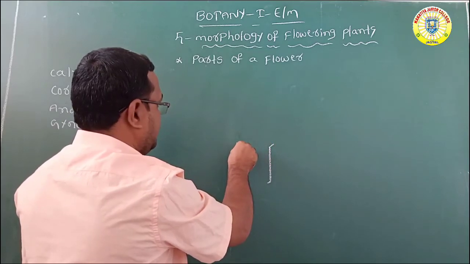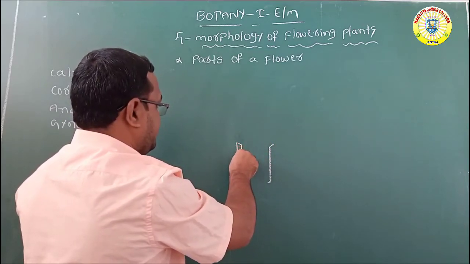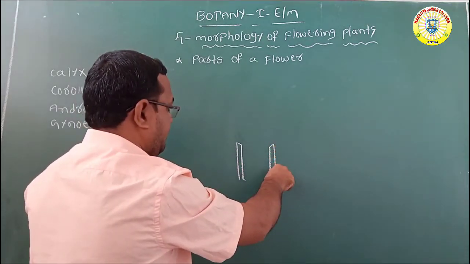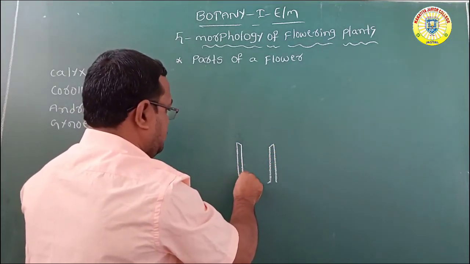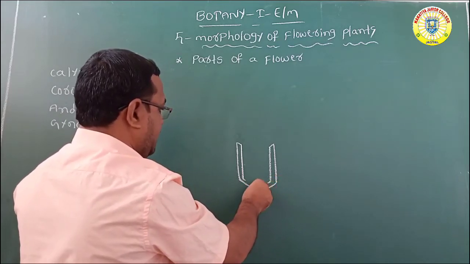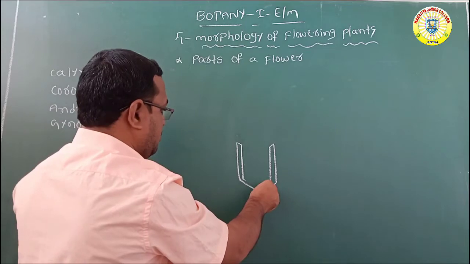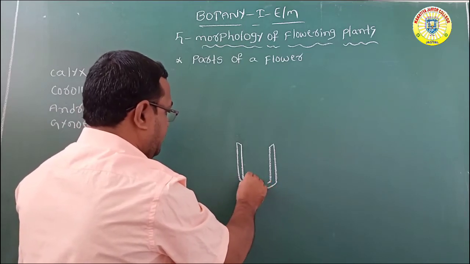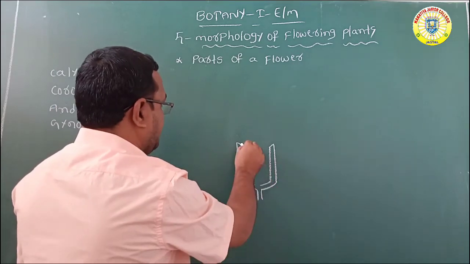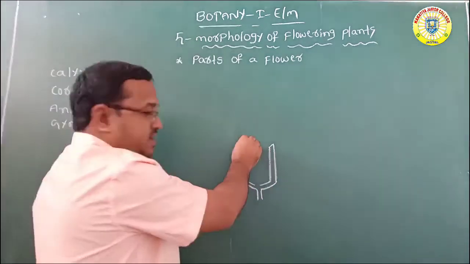So with the example of the datura flower, we came to know what the parts of a flower are. This is the datura flower diagram. With its help, we came to know in detail the arrangement of floral parts.